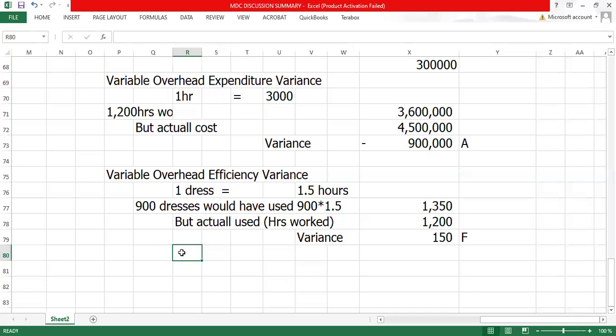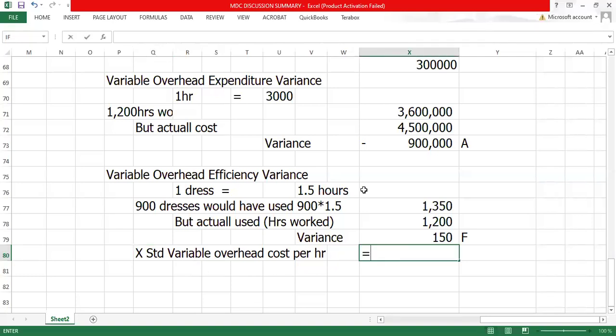Convert. So you are going to multiply by the standard variable overhead cost per hour. Do you have that? Are you seeing this?